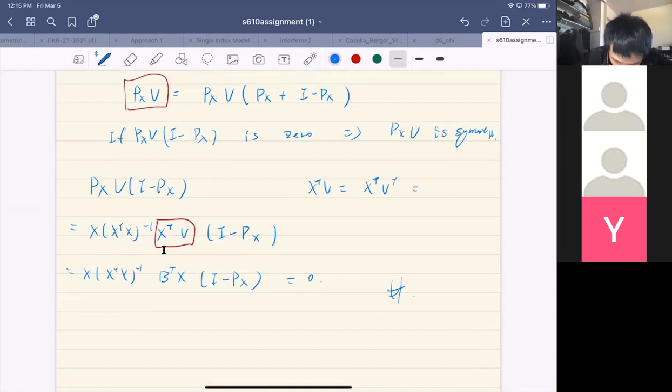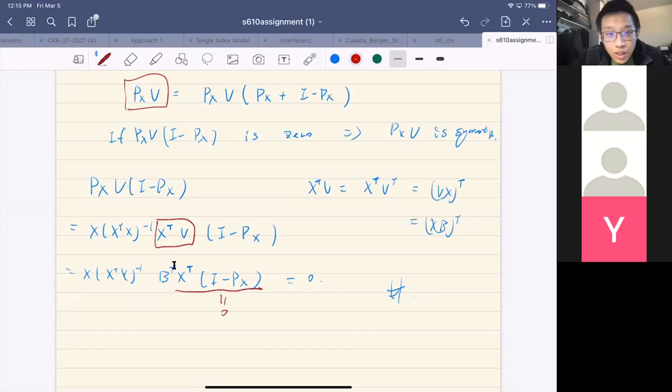So this is equal to Vx transpose, and this is equal to SB transpose. So this has a transpose here. And this is 0. I think that's today's discussion.